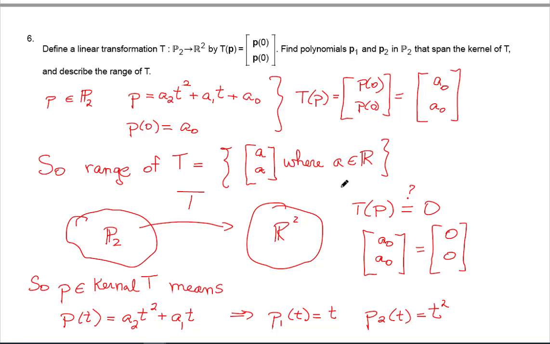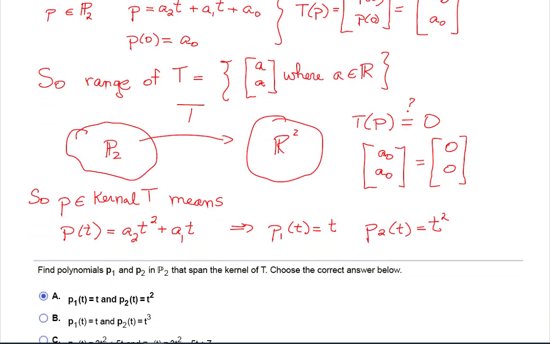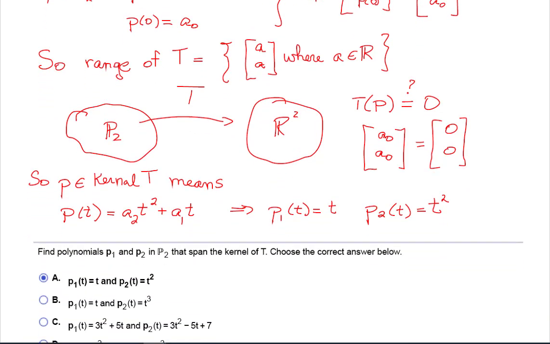What about the kernel? Well, what can we say about the kernel? What items get mapped into the origin? 0, 0. So let's see, T at the polynomial must be 0, 0. So what that tells me is a0 must be 0.